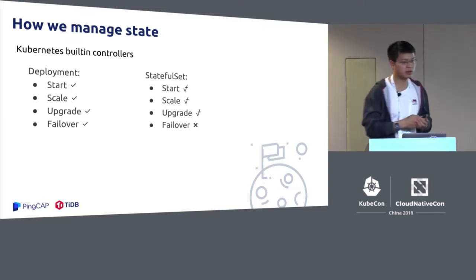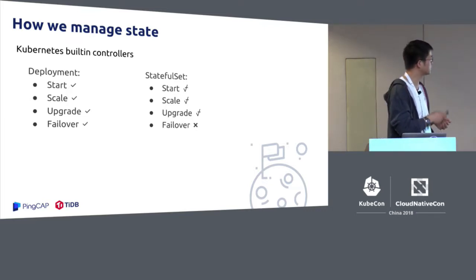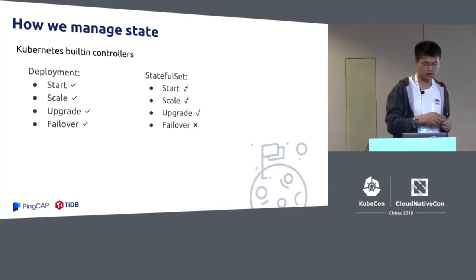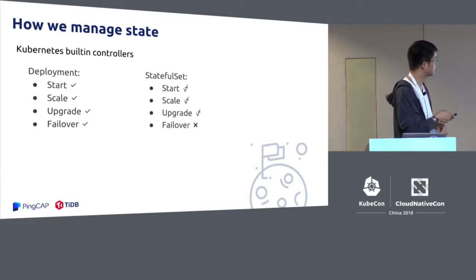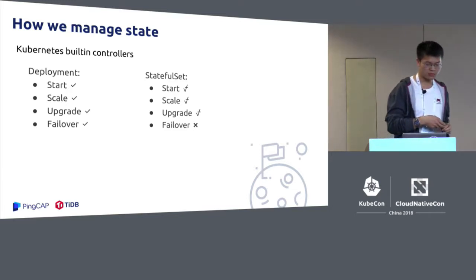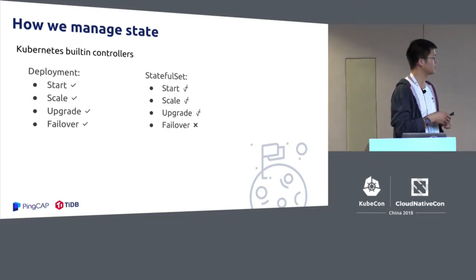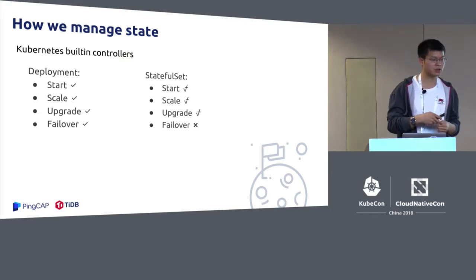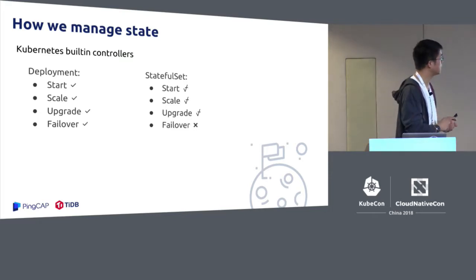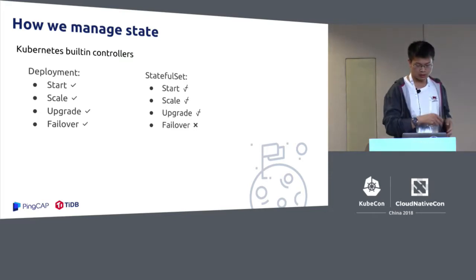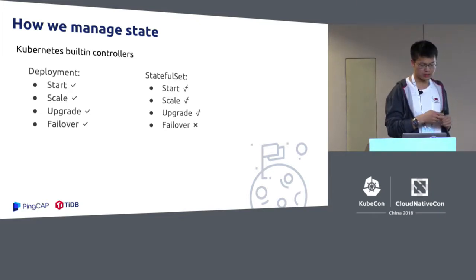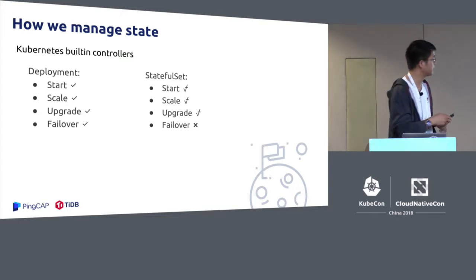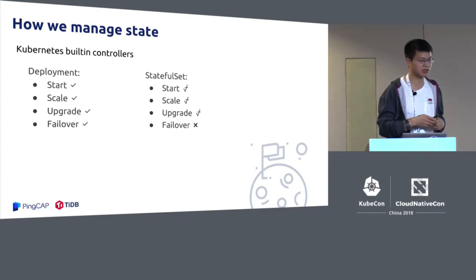And for scaling, most stateful applications can't scale correctly with StatefulSet. For example, Elasticsearch: there's a built-in Elasticsearch YAML manifest which users can use to deploy Elasticsearch, but it can't scale.